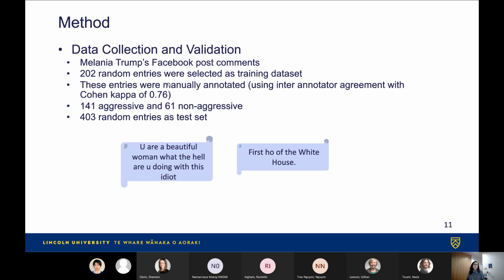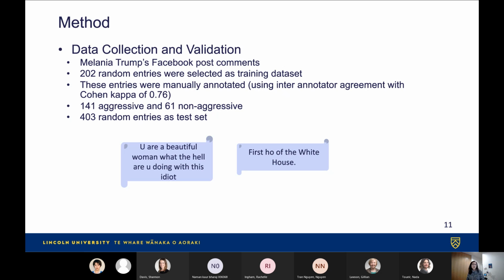Then we got somebody to manually annotate it. So you give them these 200 entries and get them to annotate and tell us whether it's actually cyber aggression or not. And based on that, we need to make sure that they are in agreement. Based on this, we then use it as a training set.